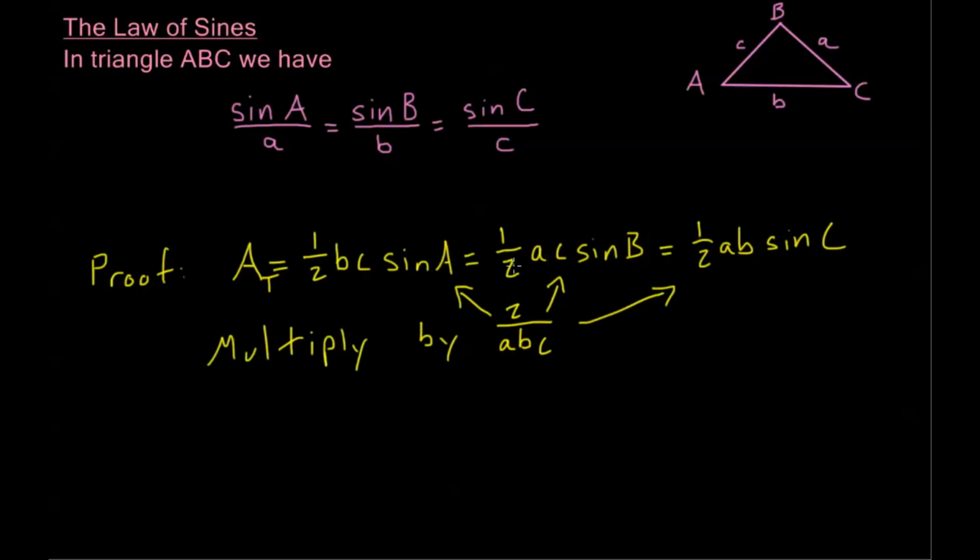Here the ac and 1/2 will cancel, I'll get sine B over b, and here I'll get sine C over c, exactly what we have here. Okay, so that's a very simple proof using the area formula we have for the triangle. So because the area is the same, we see that these proportions will all be the same.